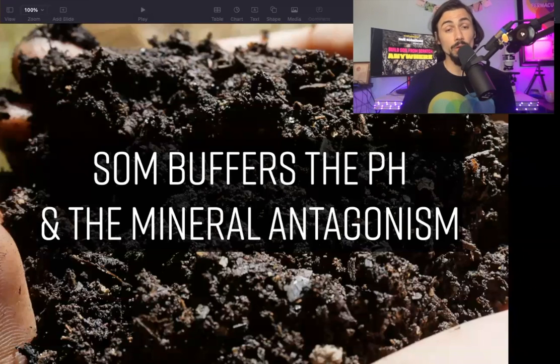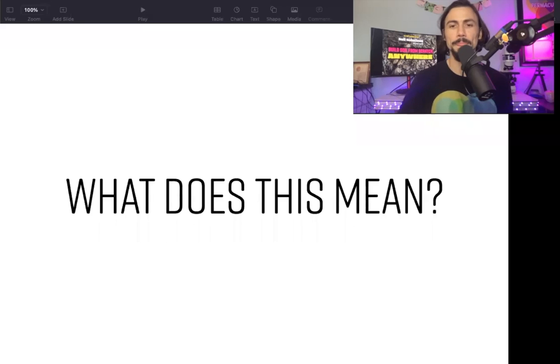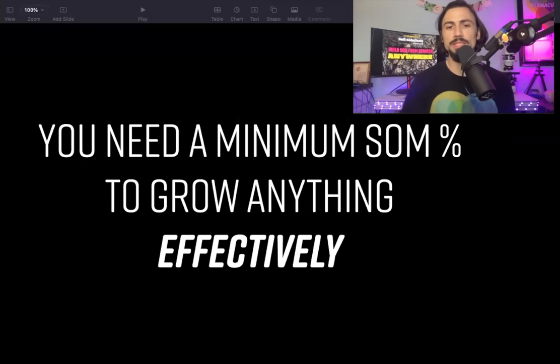And then depending on how waterlogged you are, the acidity affects it too, but that's a separate topic. But the soil organic matter buffers the pH and the mineral antagonism, and so it makes it so that you can have really high levels of some things. You can have an imbalance, and the soil does not notice it because your organic matter levels are high enough. So this means you need a minimum soil organic matter to grow anything effectively.